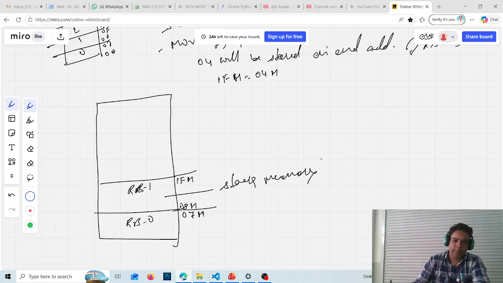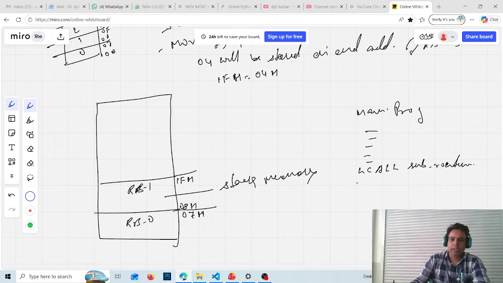Now you know that stack memory is used for a special operation, that is to store the returning address when there is a call instruction. Suppose I'm writing the main program, and somewhere I write an LCALL instruction with the name of a subroutine, and there is a next address.